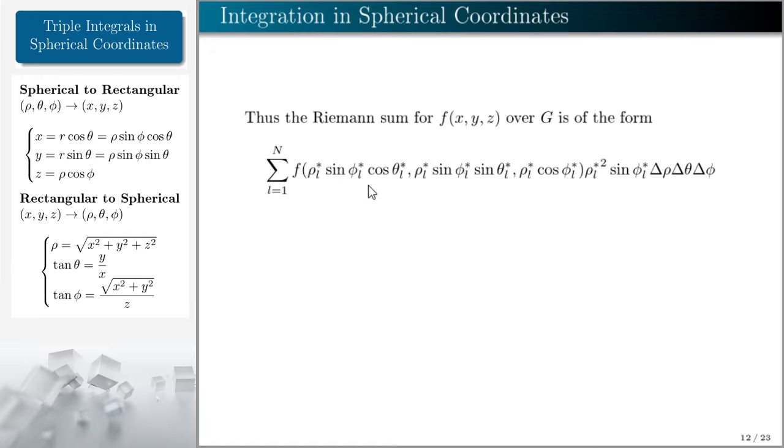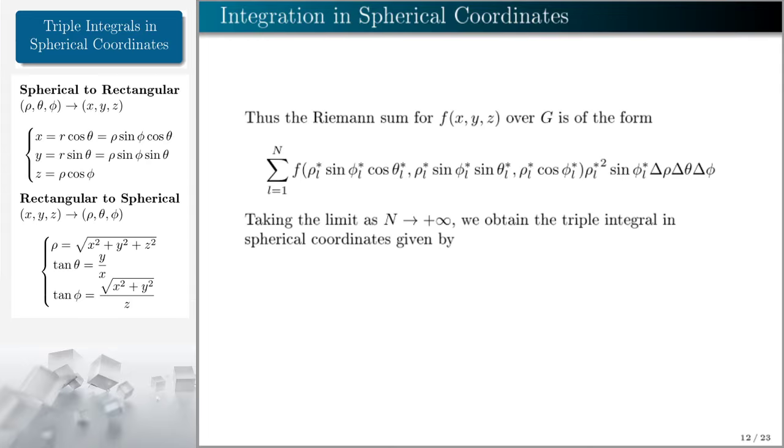It may look complicated, but since my function should be evaluated at x, y, z, I just made x to be rho sine phi cosine theta. And then y will be rho sine phi sine theta, z will be rho cosine phi. Evaluated, of course, all at rho sub L star, theta sub L star, and phi sub L star.